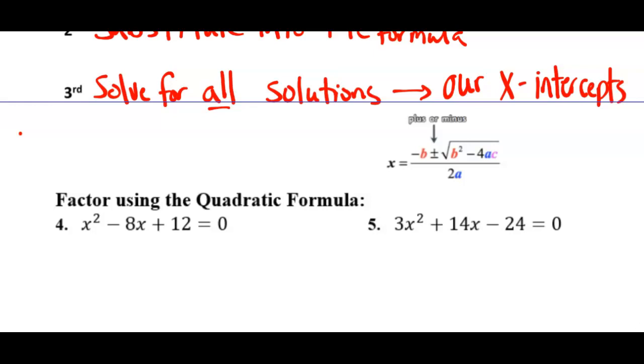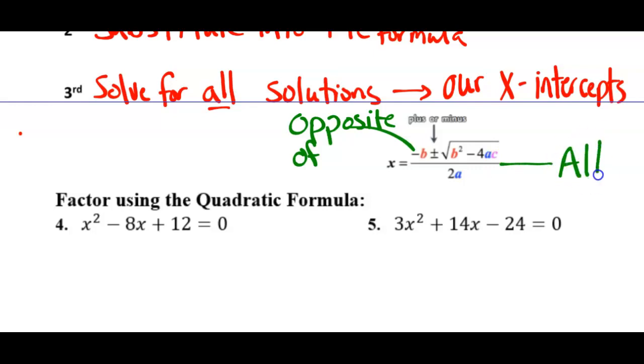All right, so what are the keys to that? The keys are this opposite of, and the other key is all over 2a. So that line goes all the way underneath everything.